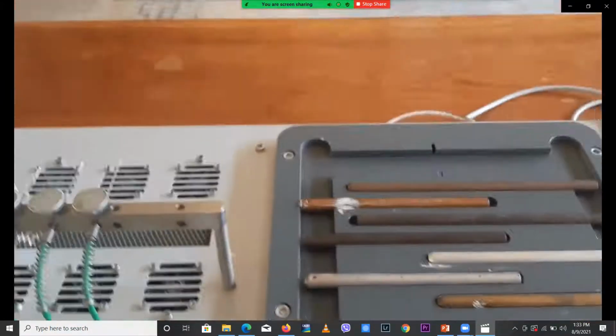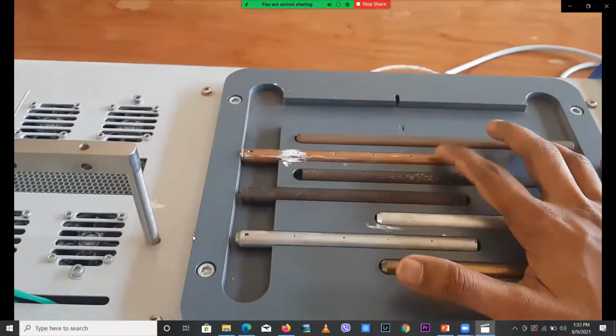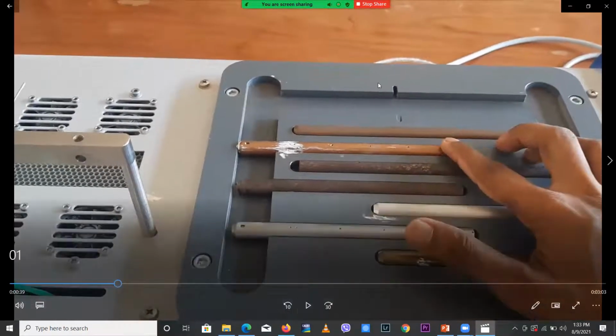One is copper. This one is copper, right? You can see the first two rods are copper, and the second two are steel, but a different kind of steel, and these coppers are also different kinds of copper. The other two are aluminum and brass. So we have copper, aluminum, and brass.